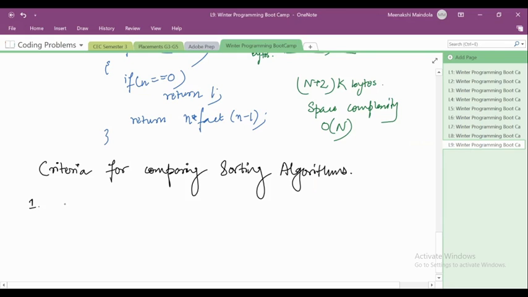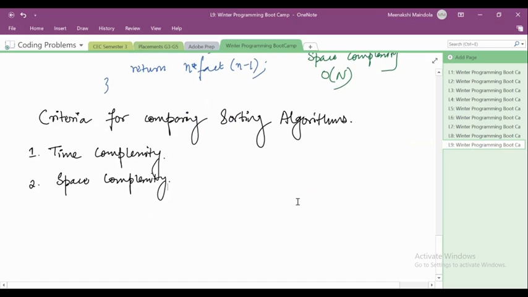The first thing is the time complexity, which you have already seen: how much time a particular sorting algorithm is going to take up. So you know what time complexity is. The second criterion is the space complexity. If your sorting algorithm is going to take up some extra space, then it is going to have some space complexity. Otherwise, it is going to be order of 1.